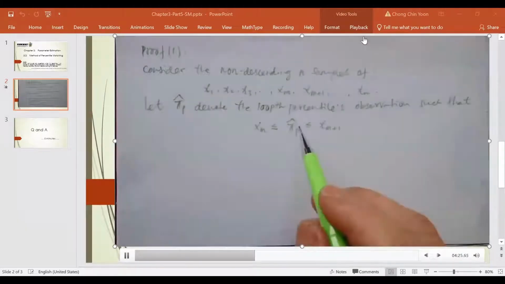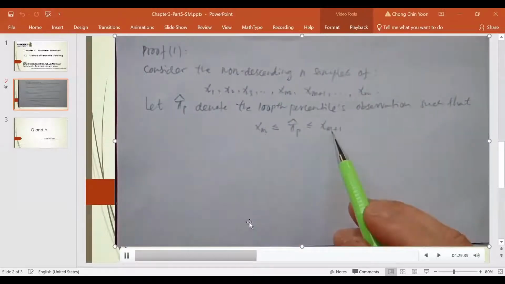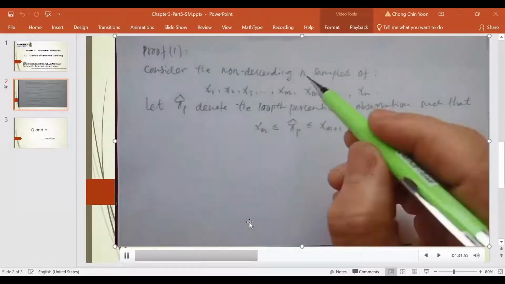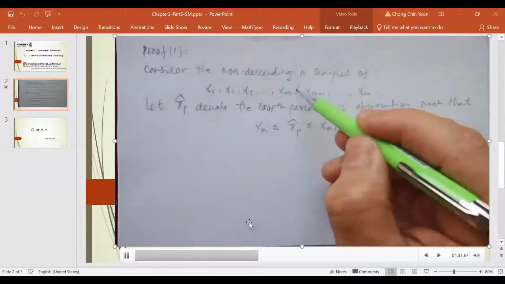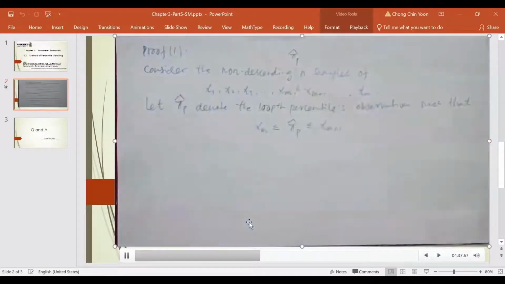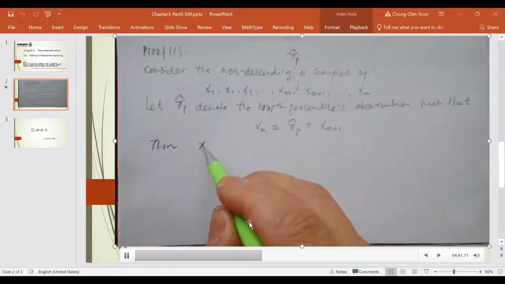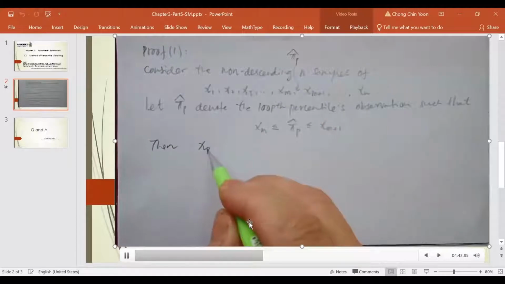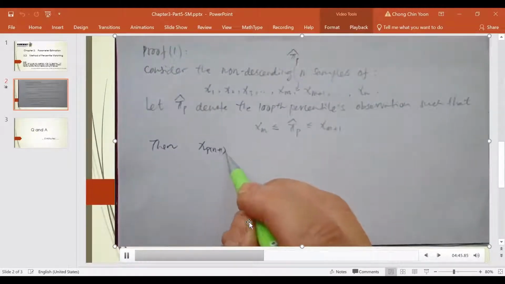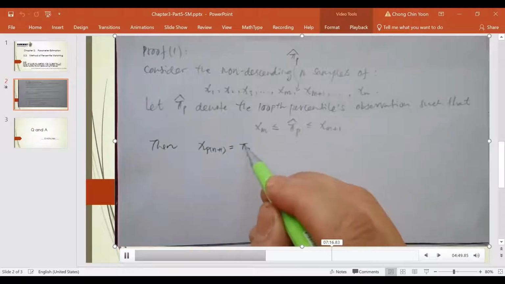That is, the pi p hat is bounded between xm and xm plus 1. That is, the pi p falls on here. Then this observation at xp times m plus 1 is equal to the pi p hat.